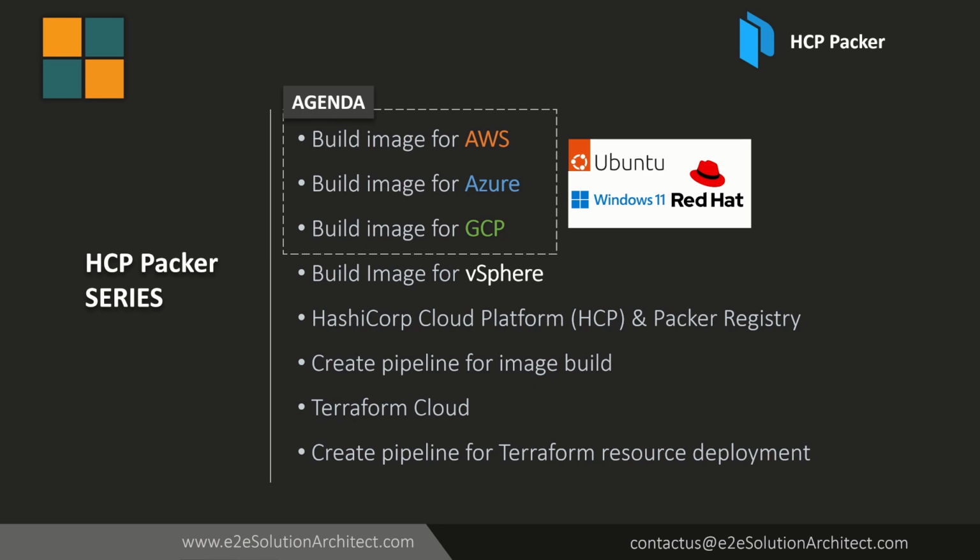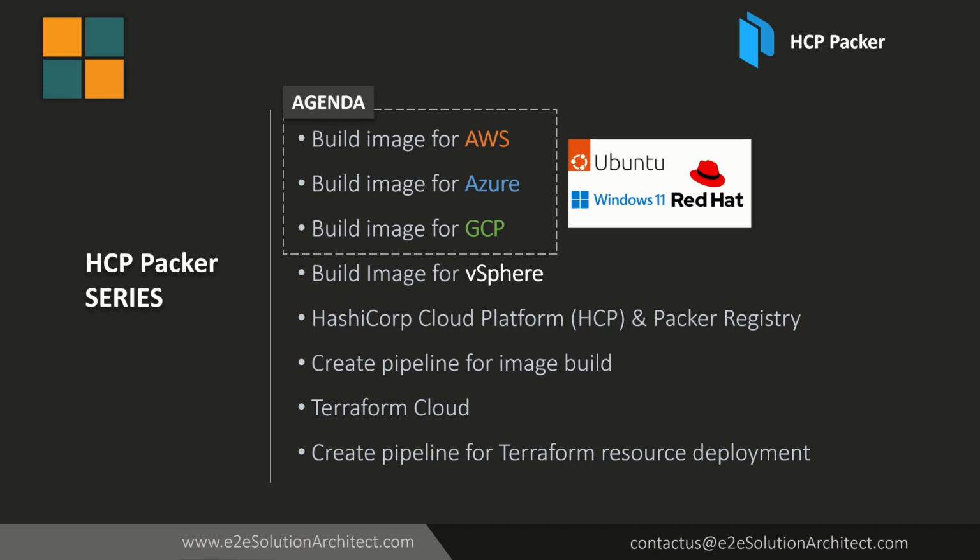So in this session, I will be covering the first three pointers: building an image for AWS, Azure, and Google Cloud Platform. I will show you how I use HashiCorp Packer for these three environments, and the base operating systems I will be using will be Ubuntu, Windows 11, and Red Hat images as well.